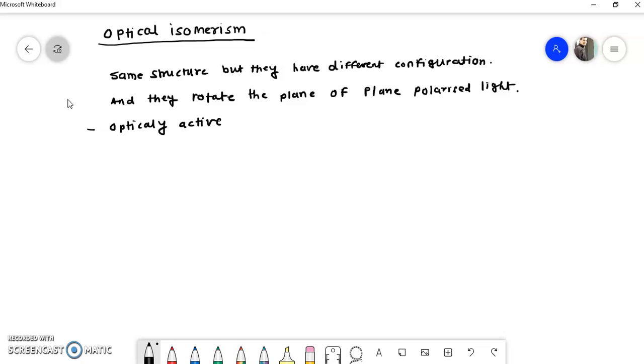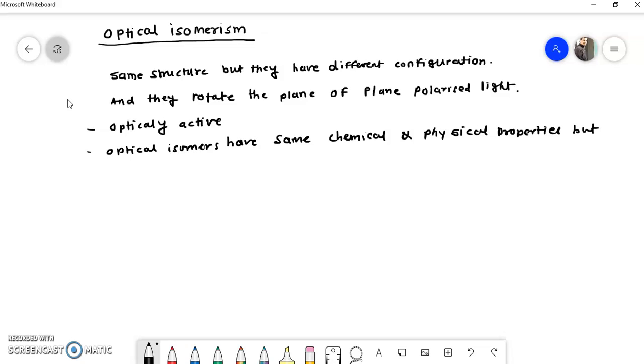Another important point is that optical isomers have the same chemical and physical properties, you remember, but they differ in their action on plane polarized light.